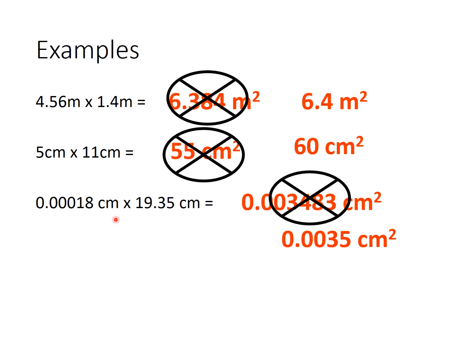Also, when you do multiplication and division, if they're measurements, they have units. So here we have meters, centimeters, centimeters. Notice that all of mine have units. Meters squared, centimeters squared, centimeters squared. You're going to have to do the same thing with yours. Make sure that you show the units.